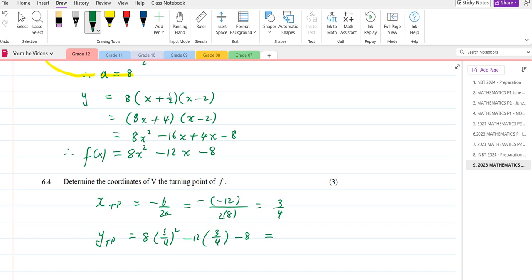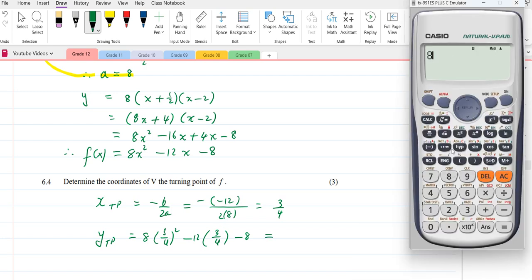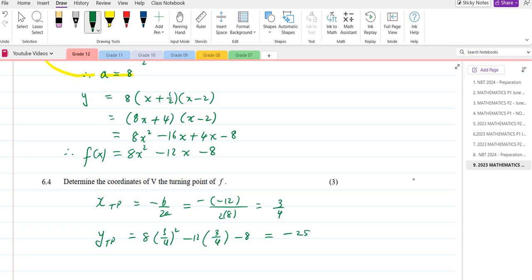So I'm going to do that. I'm getting minus 25 over 2.